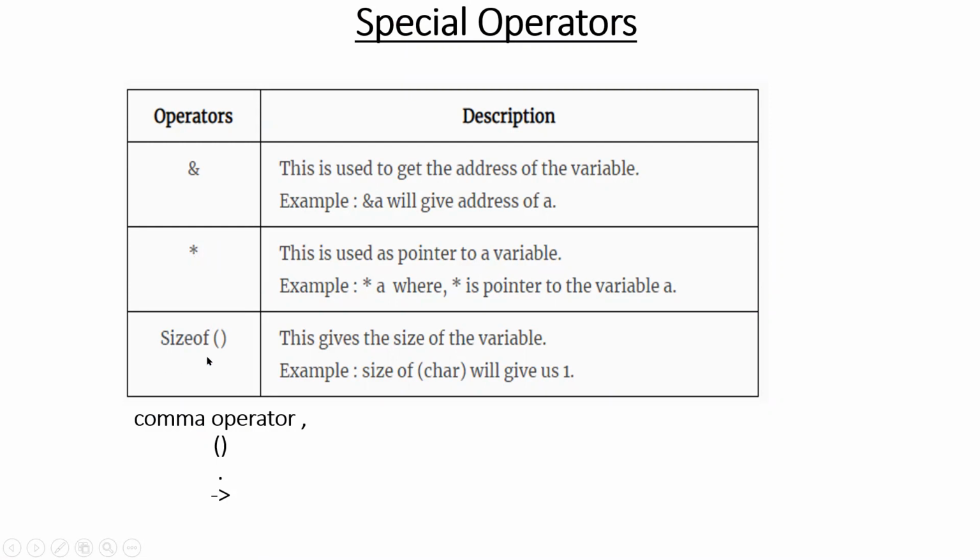And sizeof is also a special operator, which gives the size of a variable. And next, some other operators like comma, parentheses, dot, and arrow symbol are also considered as operators in C. And we will see all these operators later. For example, this dot and arrow are used in structures, star is in pointers, etc.